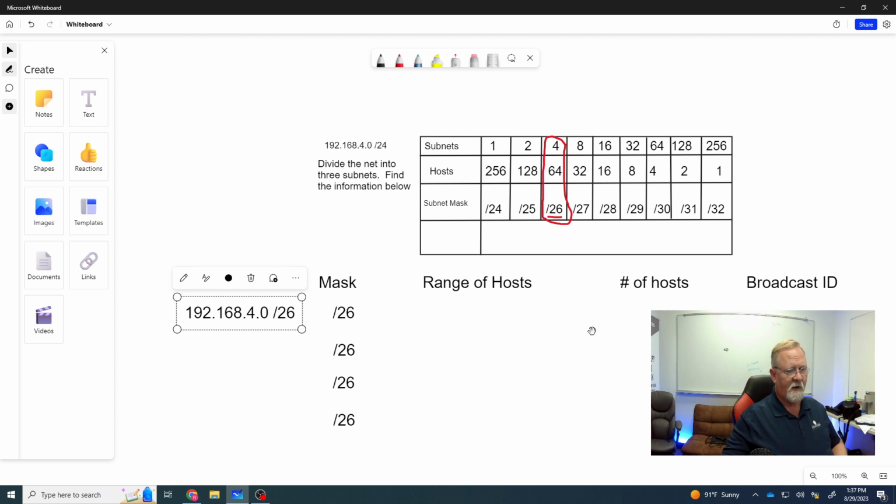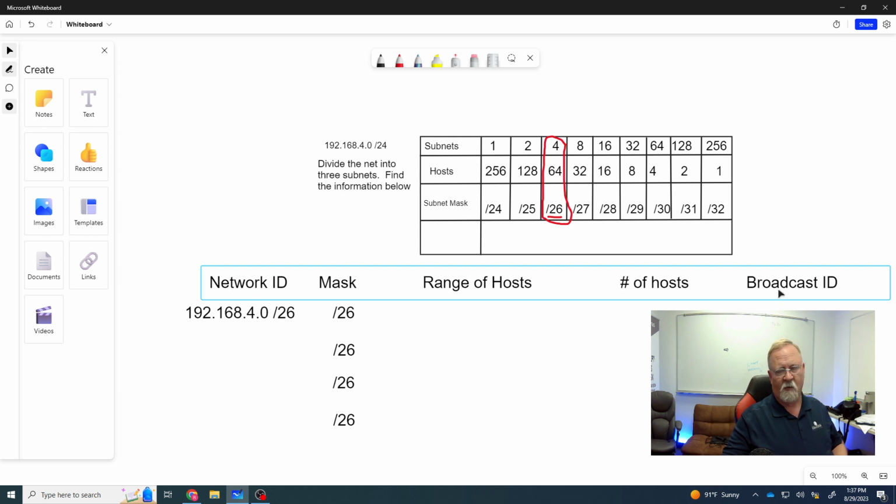All right, as far as our number of hosts, well, it tells us in our table. If we divide 256 by 4, that's going to give us 64 hosts. So originally, the number of hosts is going to be 64. However, those are not usable hosts. The network ID here and the broadcast ID are reserved. Those IP addresses can't be used.